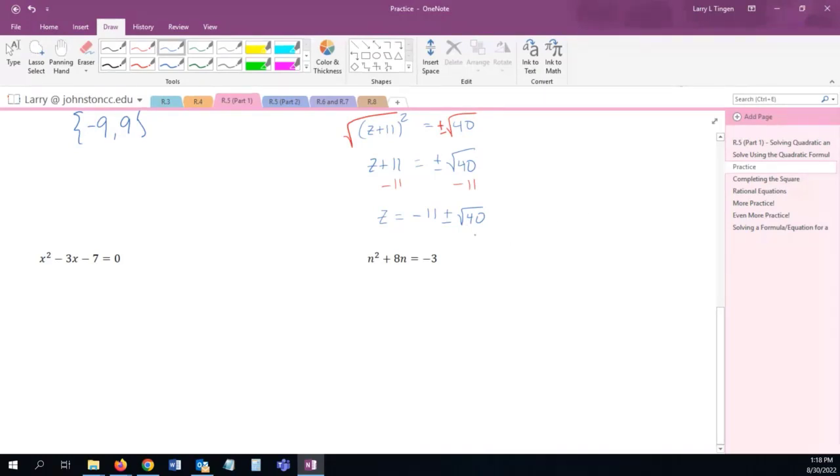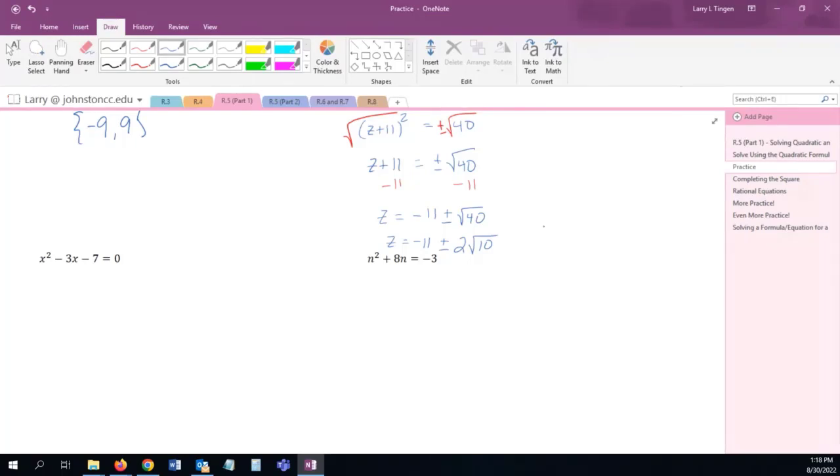Well, the square root of 40, can I simplify that? Does it have any perfect squares in it? Absolutely. Negative 11 plus or minus, this is 10 times 4, and square root of 4 is 2. So this is negative 11 plus or minus 2 times the square root of 10.